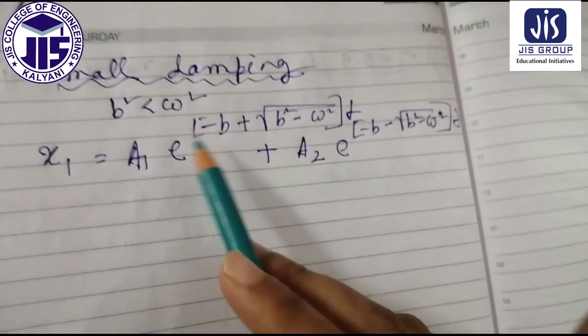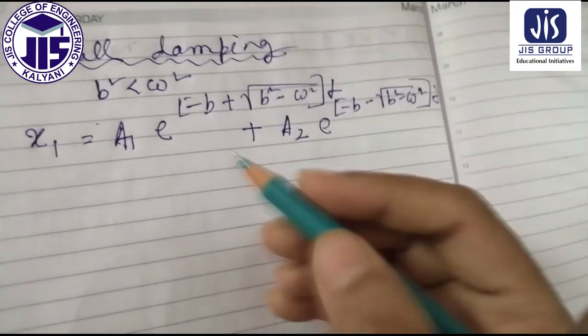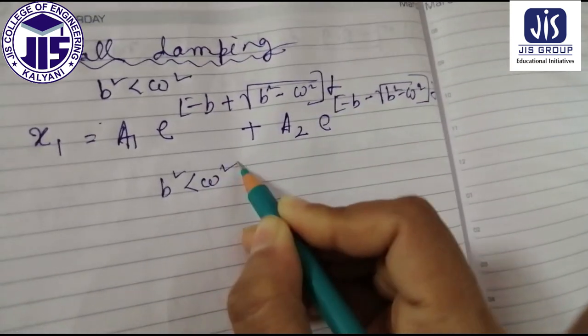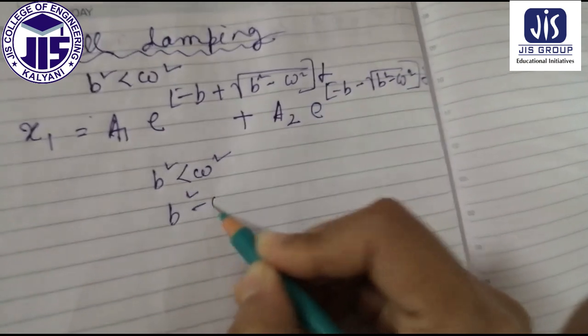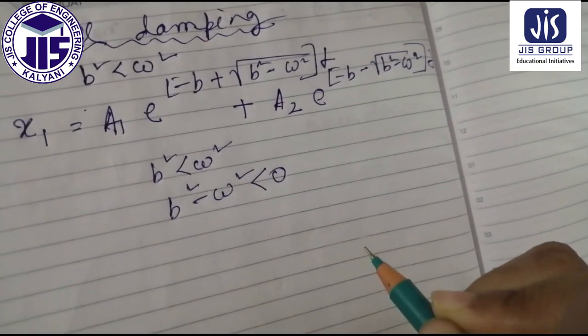Now if we apply b square less than omega square, what can we get? You see, if b square is less than omega square, then b square minus omega square is less than 0, isn't it?